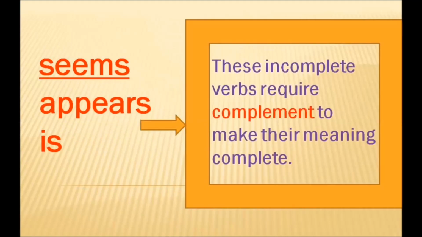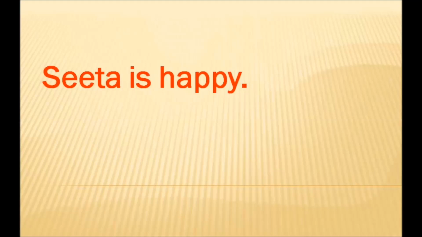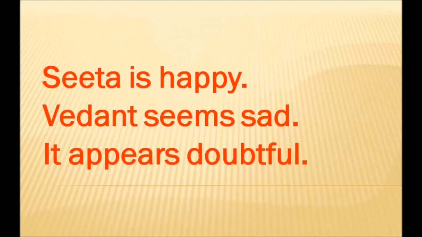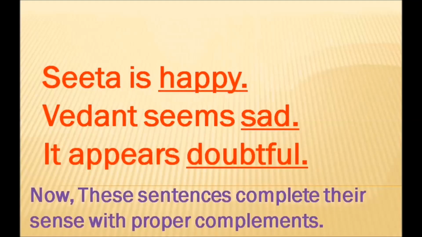These incomplete verbs require a complement to make their meaning complete. Now we put a complement. Sita is happy. Vedant seems sad. It appears doubtful. Now these sentences complete their sense with a proper complement.